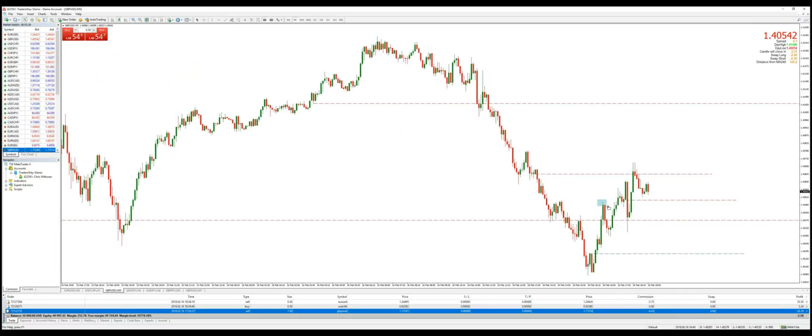but a quick observation: higher high, higher low, higher high, higher low, and lower high, lower low, lower high, lower.